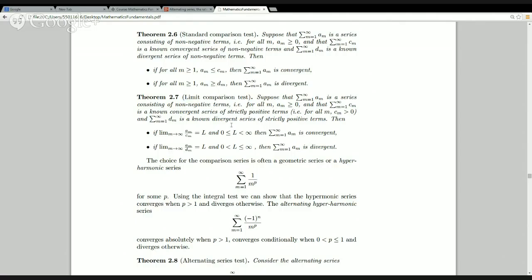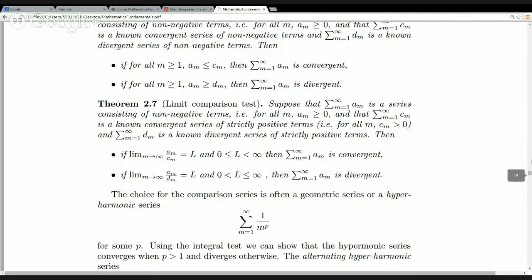An alternative way of performing the comparison is the limit comparison test. This is where you look at the limit of the ratio of the terms of the series you're examining and the terms from the known series. So you look at either a_m over c_m, where c_m are the terms from a convergent series, or a_m over d_m, where d_m are the terms of a divergent series.